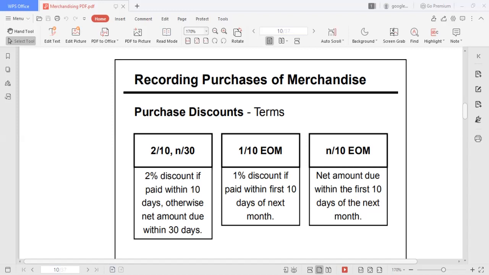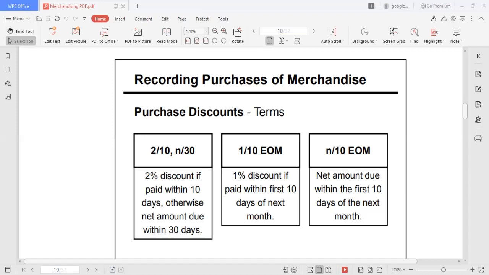So the end of month of January 22 is January 31. So if you will be able to pay within first 10 days of next month, ibig sabihin, February 1 to February 10, pag nakapagbayad ka within those days, you will receive 1% discount.